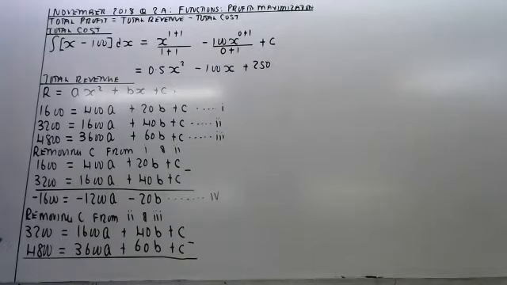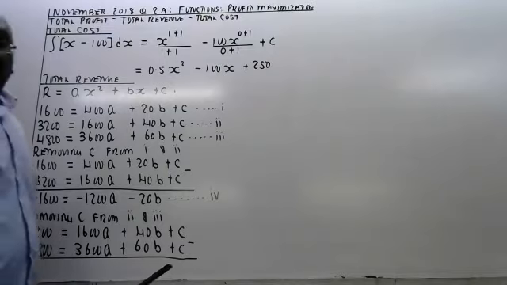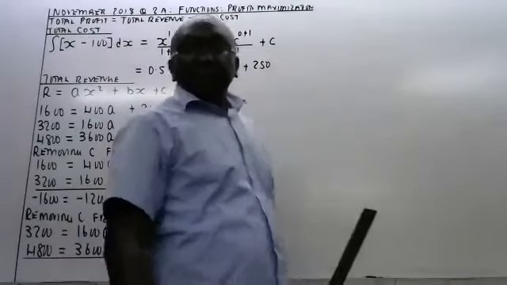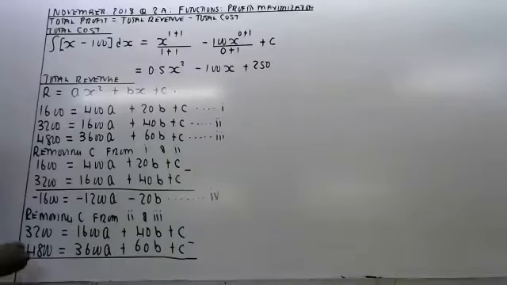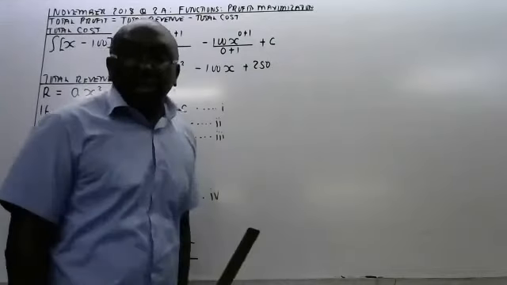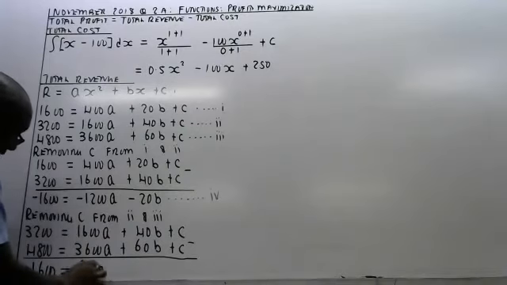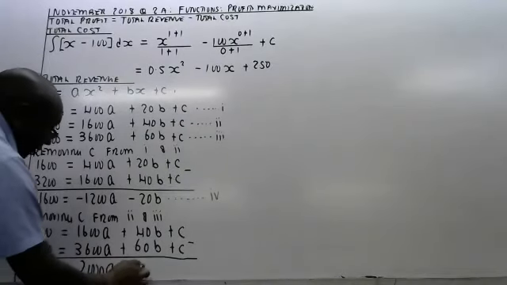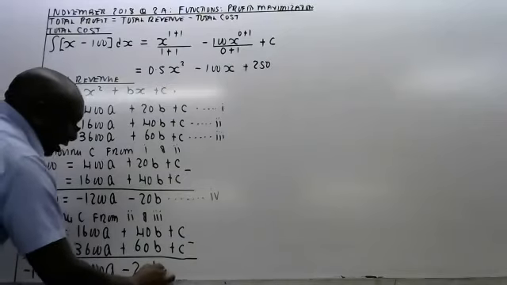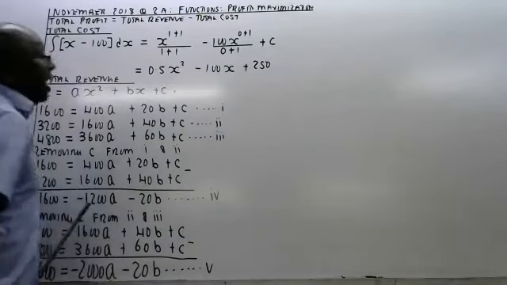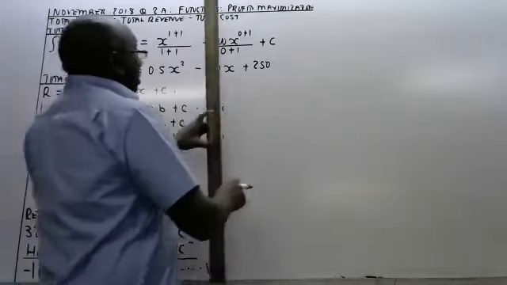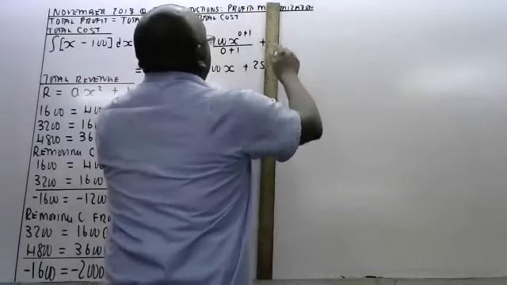When you subtract, you have 3200 minus 4800 is minus 1600, equals to 1600 minus 3600, that is minus 2000A minus 20B, and this one you call equation number 5.